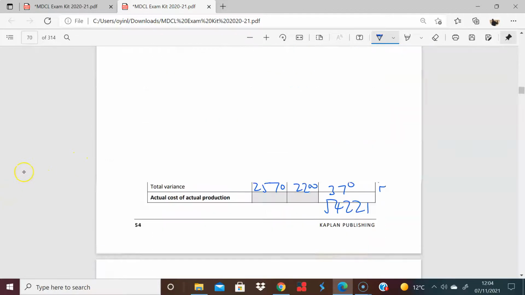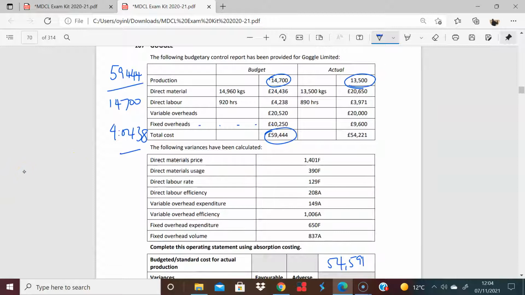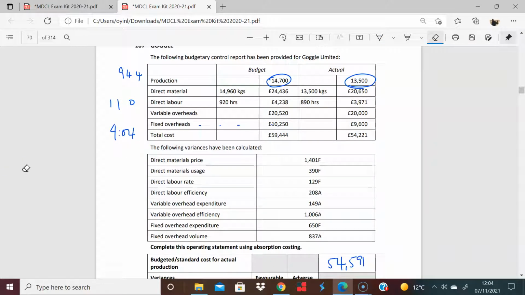When we now look at marginal costing, like I said, we ignore the fixed overheads and ask what the costs are before the fixed overheads, which would have been all these three added together. So that's basically taking the fixed overhead costs off the current situation.